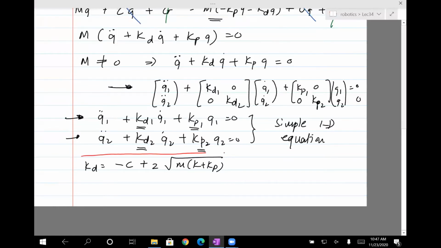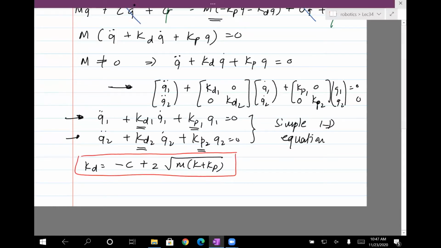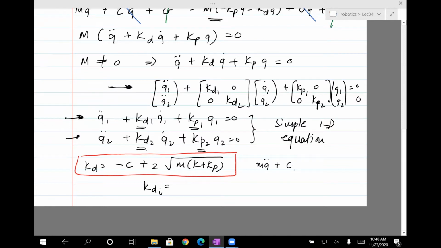In this case, I can write KDi, where i equals 1 to whatever you want, equals minus c. You can see here that the constant term, which is something like mq double dot plus cq dot plus kq equals 0, is the term which does not involve the feedback controller, KP, KD.